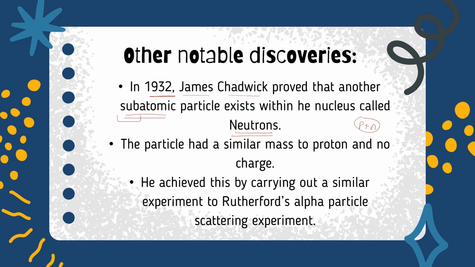The particle had a similar mass to the proton and no charge. Protons were given positive charge and neutrons are said to be neutral. The mass of the proton is the same as the mass of the neutron. He achieved this by carrying out an experiment similar to Rutherford's alpha particle scattering experiment.